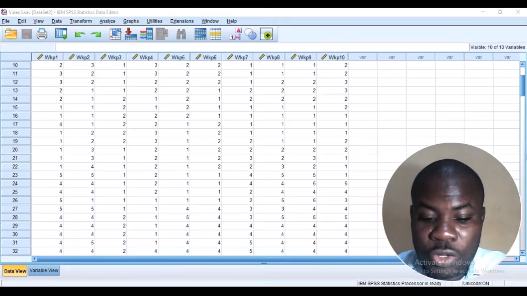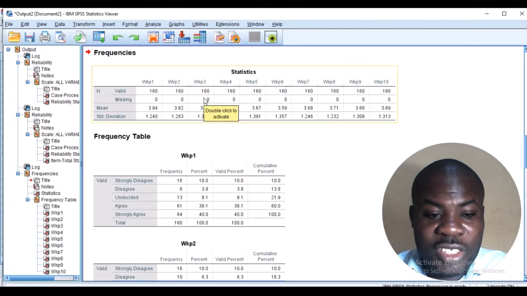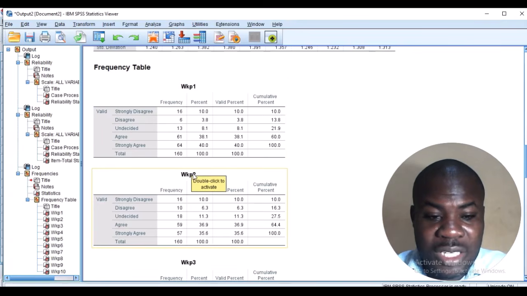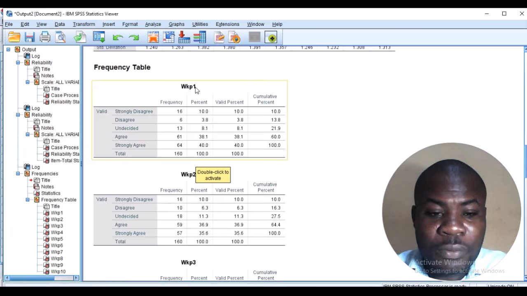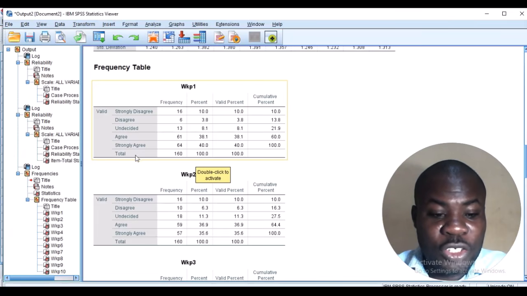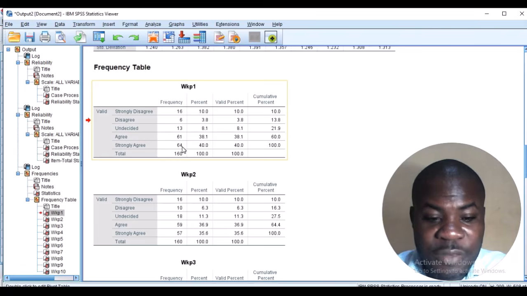Here you can see the frequency table for each of the item statements that you have. For example, item statement 1, which I coded workplace 1. These are the respondents who strongly agreed: there are 64, and the percentage is 40.0.